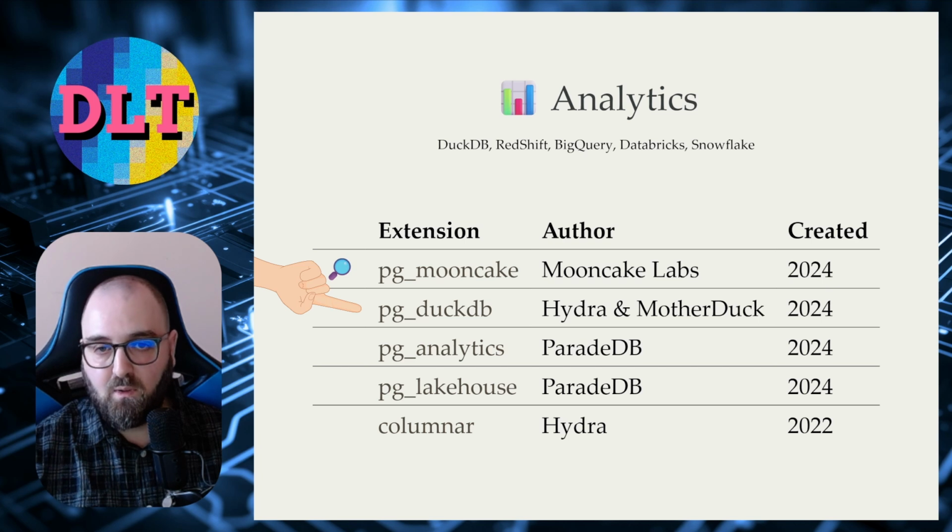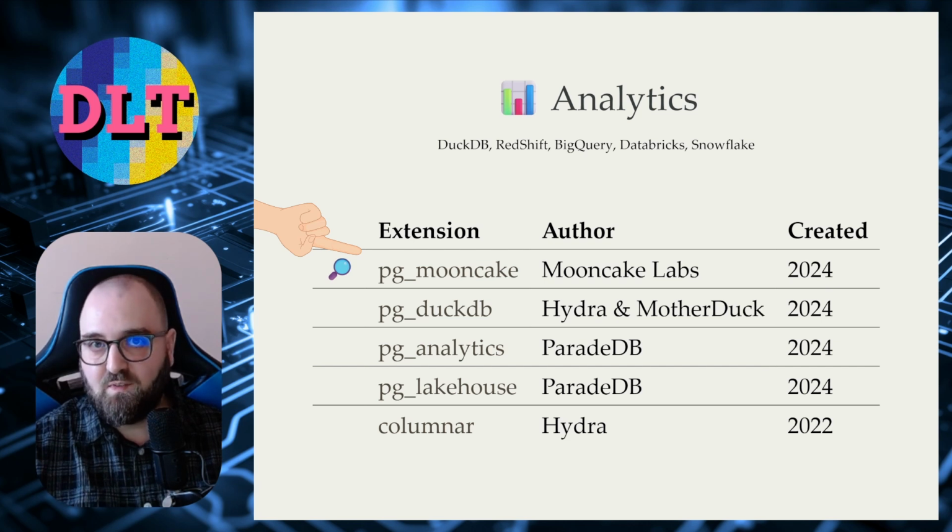We went with a solution called PG Mooncake, which still uses DuckDB underneath for its analytics capabilities, but it stores data using the Delta Lake format. I believe they are meant to support Apache Iceberg as well, but I couldn't find any way to create an Iceberg table yet.